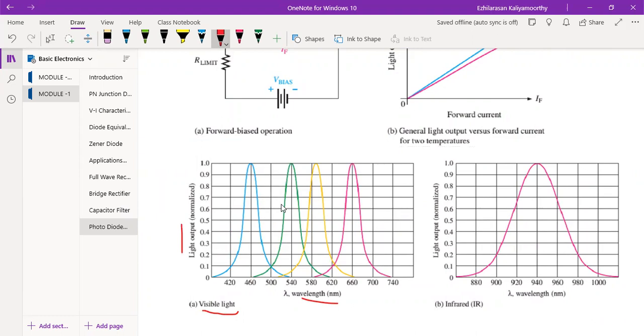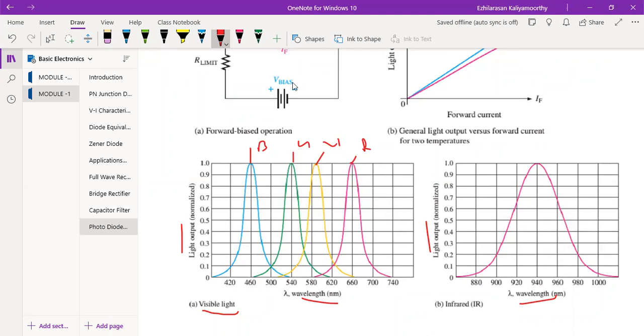These are the visible lights: this is blue, this is green, this is yellow, and this is red. The wavelength of red is roughly 580 to 720 nanometers, with the light output normalized.